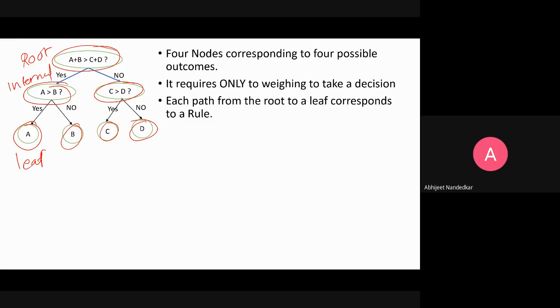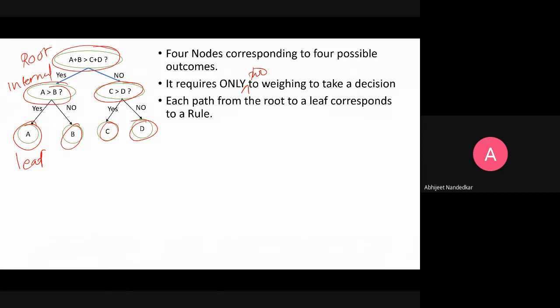Now it requires only 2 weighings. Okay, so I need to do weighing 2 times only to take the decision, not 4 times. I can solve this problem if I take each coin independently and weigh it, and that is also possible. But when I do this way, I require only two measurements. Okay, and I can directly come to the conclusion.